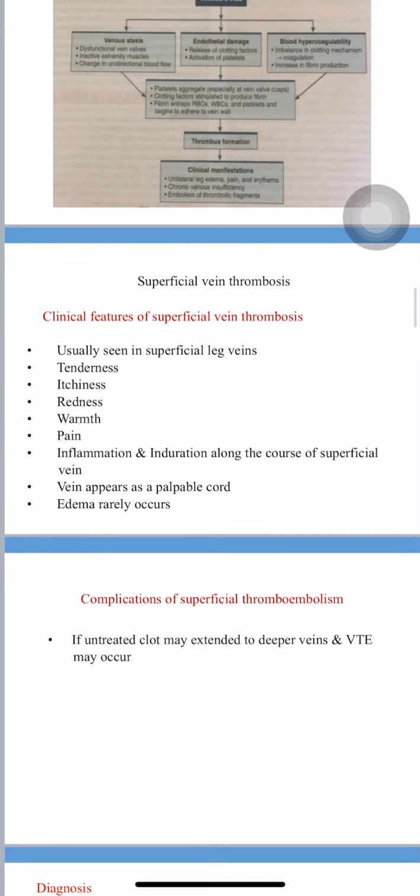Next we will see the clinical features of superficial vein thrombosis. Superficial vein thrombosis is usually seen in the superficial leg veins, and the clinical features include tenderness, itching, redness, warmth, pain, inflammation and induration along the course of the superficial vein, and the vein appears as a palpable cord-like structure.